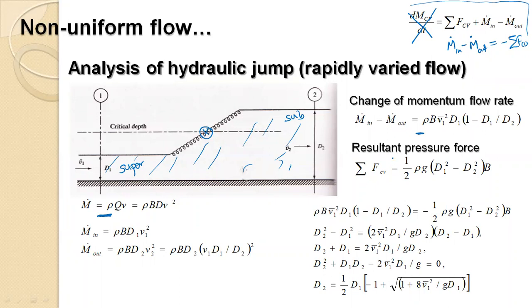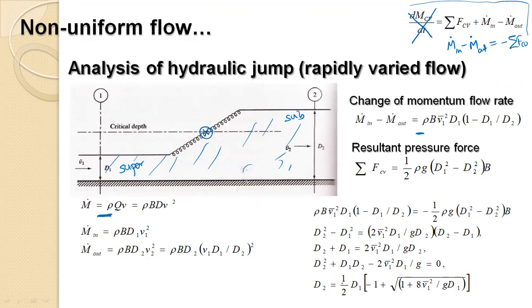Then I can also write the resultant pressure forces acting on this control volume, and when I equate them, I can get a relationship between the supercritical water depth and the subcritical water depth. We call them the conjugate depths for the rapidly varied flow or the hydraulic jump.